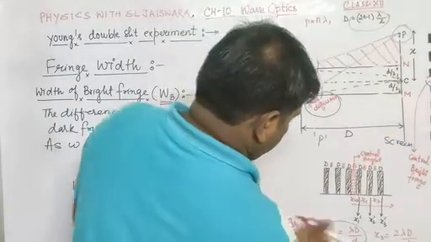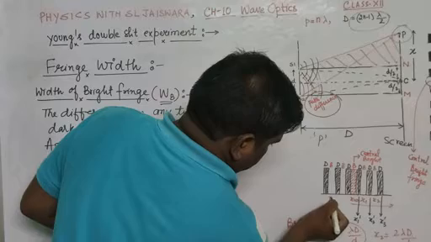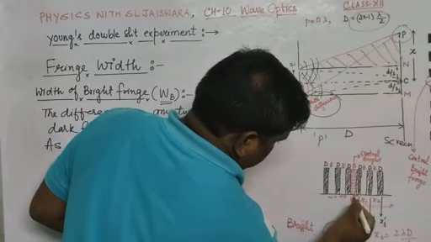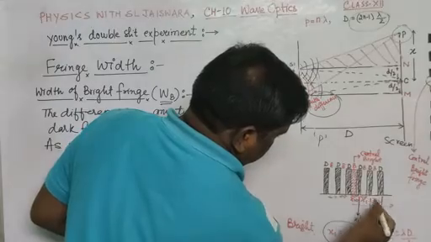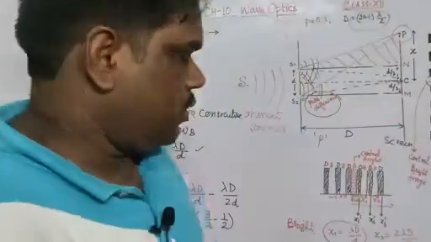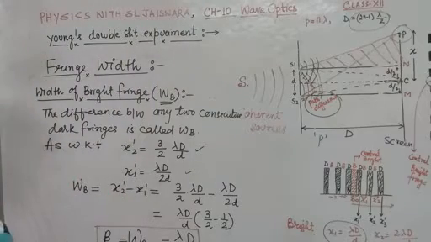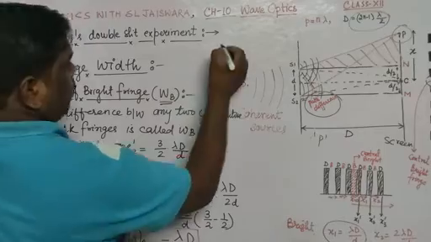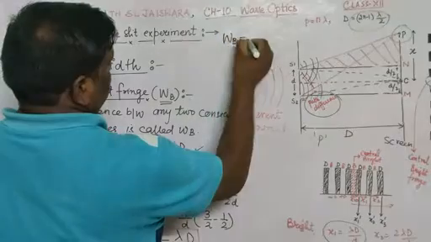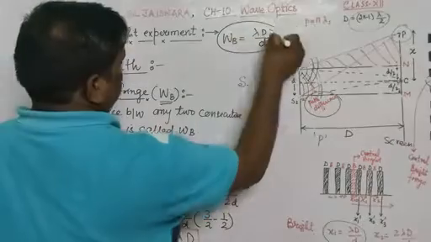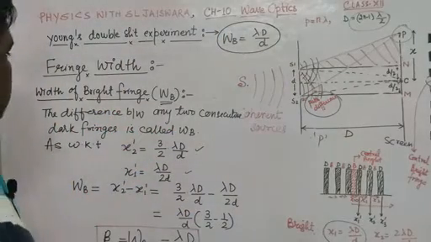This width, this width, this width, and this is the central bright fringe, and this width, this width. Got my point? Very good. So WB, what we have calculated, is lambda D upon d. Please remember.